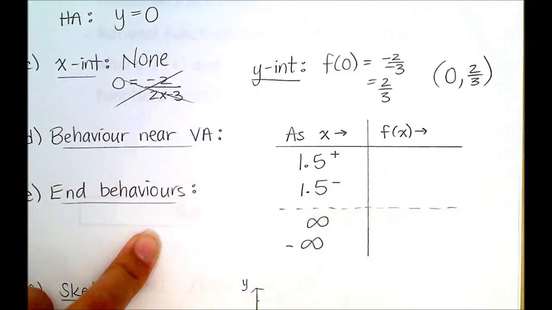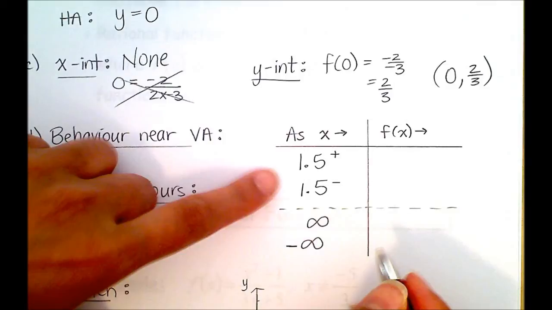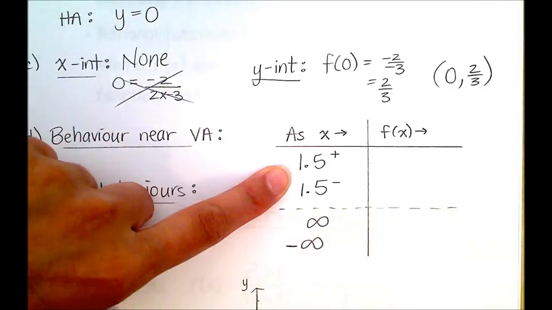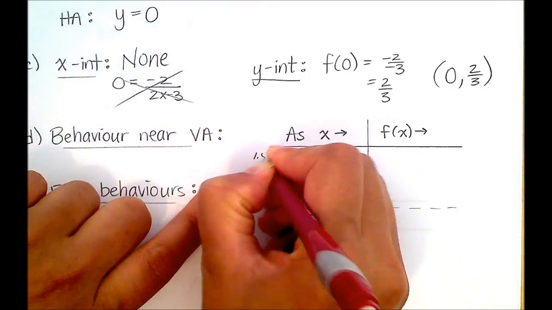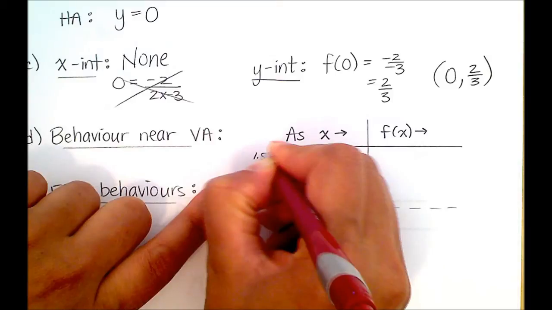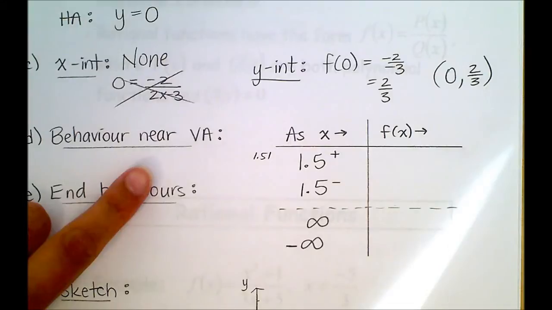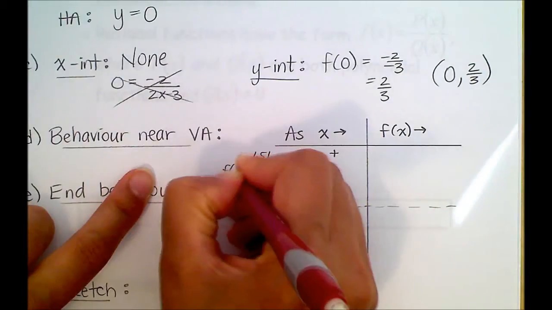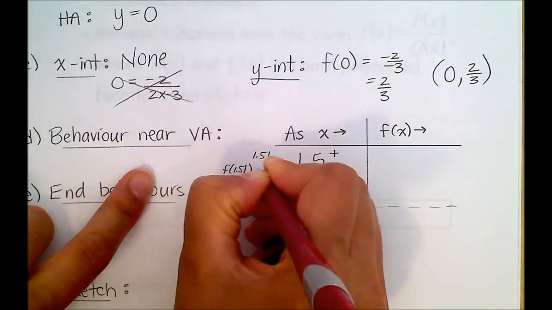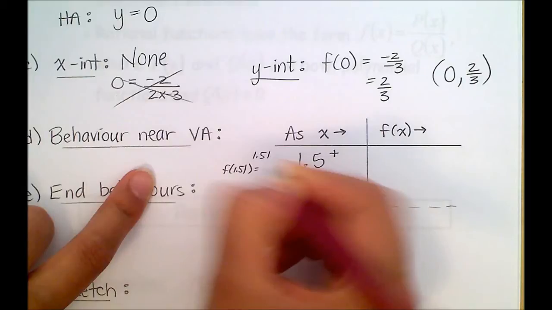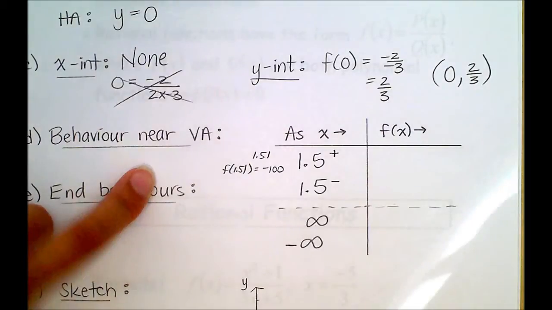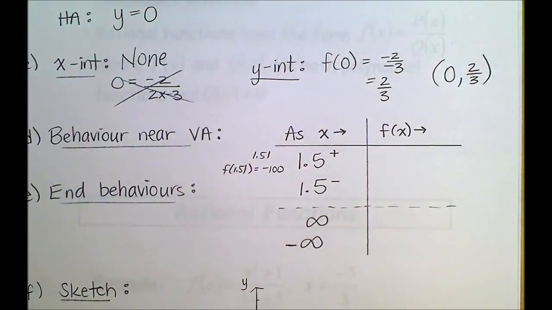Okay, so I'm going to choose a value of x that's slightly to the right of 1.5, so something like 1.51. If I evaluate that on my calculator, if I try to find f of 1.51, I end up getting an answer of about negative 100. So that tells me that slightly to the right of 1.5, the function is decreasing since it's about negative 100.